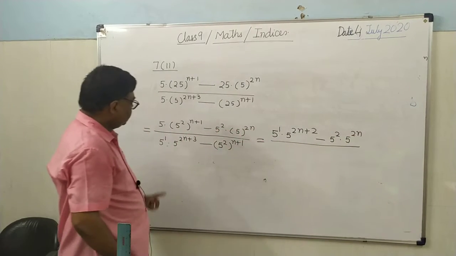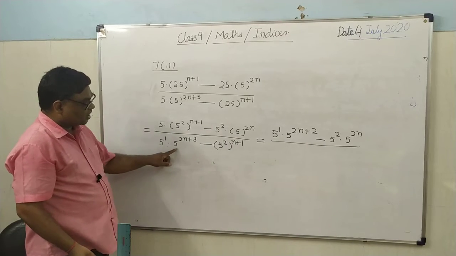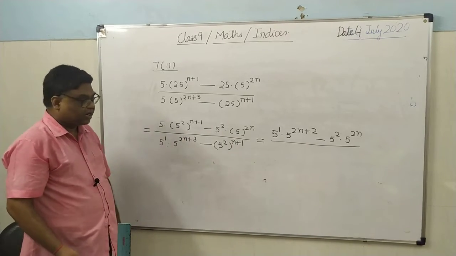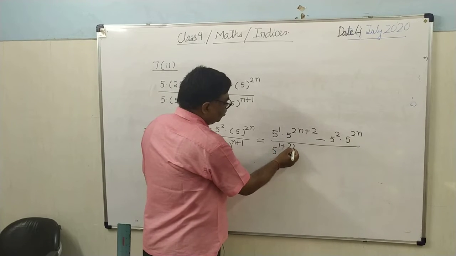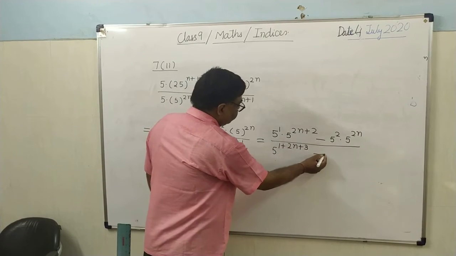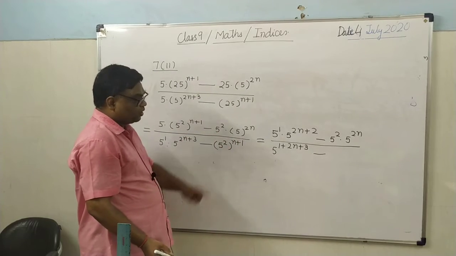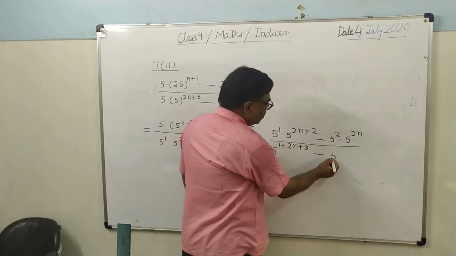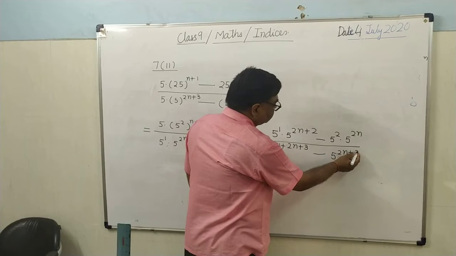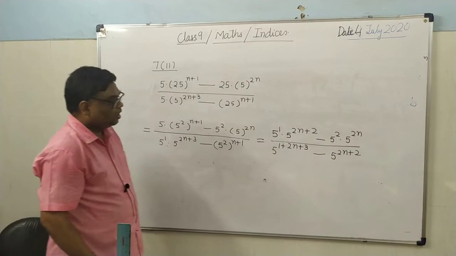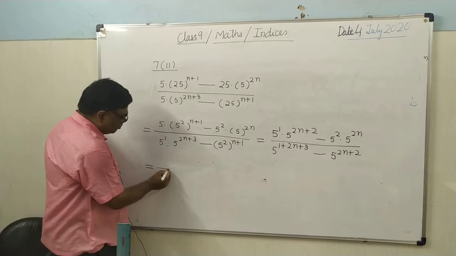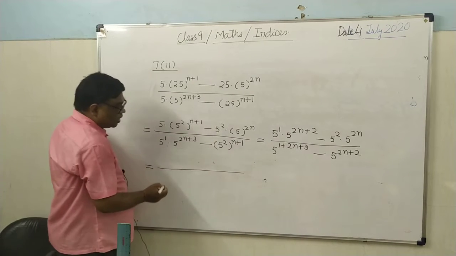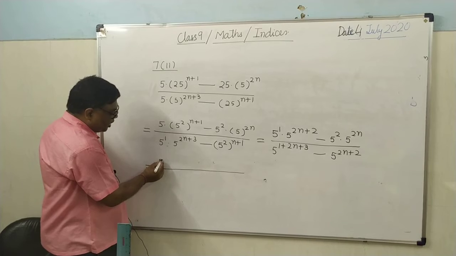divided by, here bases are the same, so powers will be added: 5 to the power 1, 2n plus 3, minus, here also the powers will multiply, 2n plus 2. It's clear? So now you simplify all the terms. Here I am writing this 5.